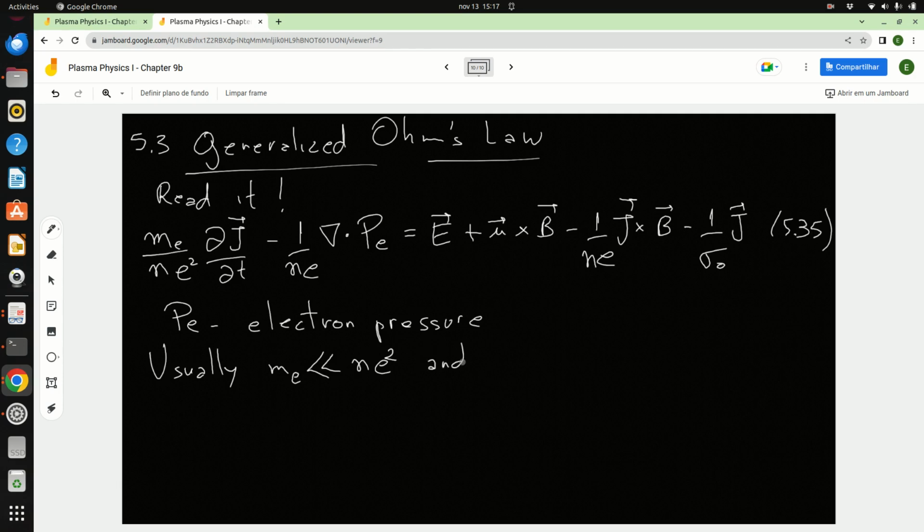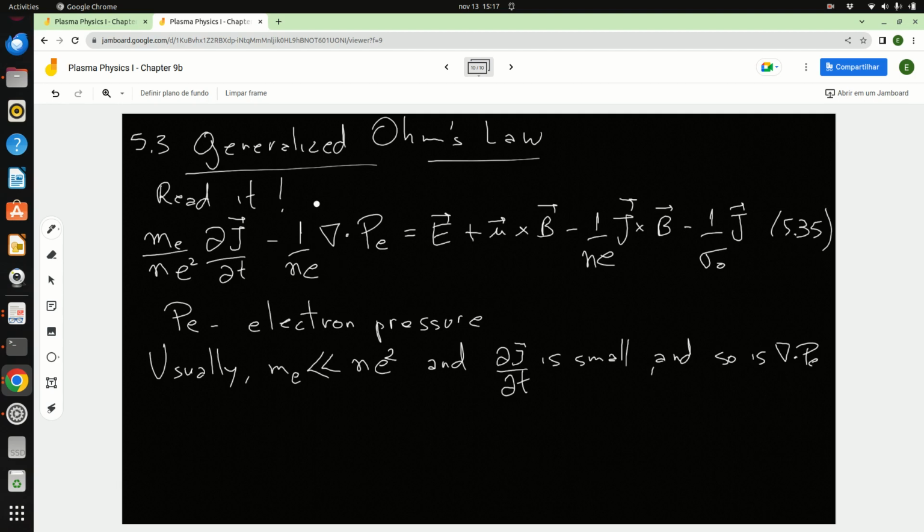And also usually this and this is small, so that you can get rid of this first term here, and so is the divergence of pressure.